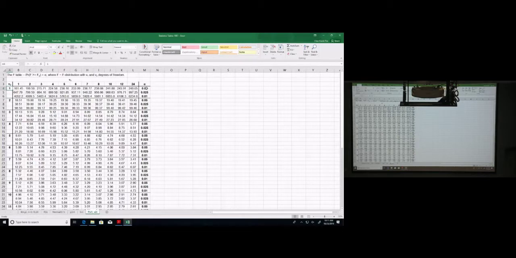Each row will correspond to a different alpha. And again, this is basically used for hypothesis testing. We are interested in testing things at the 5% level, or 2.5% if we have 2 tails, or 1% here.